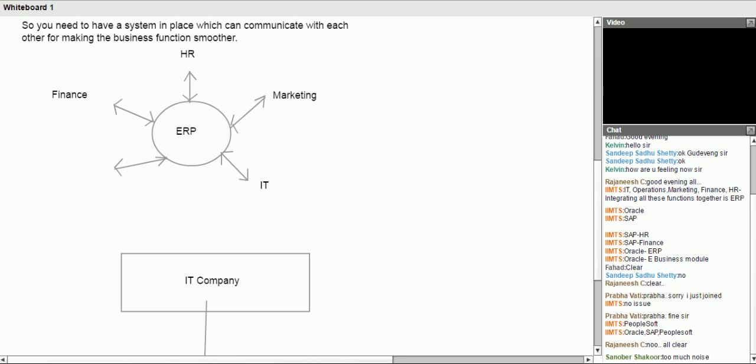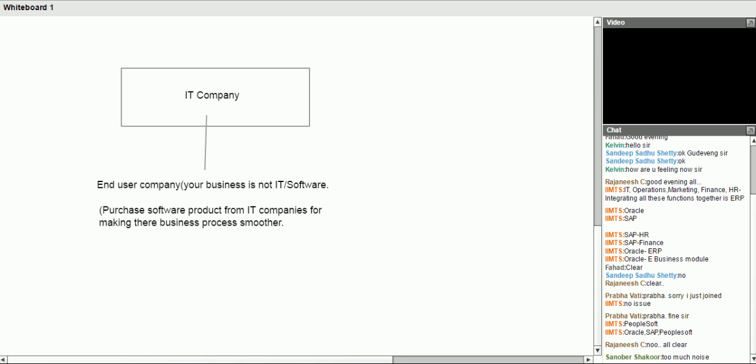So in that perspective, what are the IT companies? I'll name some of them. It may be Oracle, it may be SAP, it may be PeopleSoft, it may be Microsoft, it may be Google, it may be TCS, it may be IBM, it may be Infosys, it may be Accenture, it may be Cognizant, and many more.